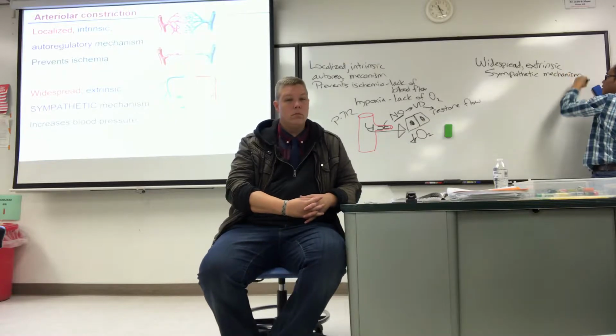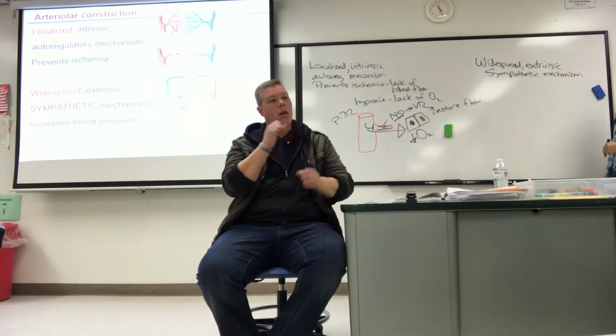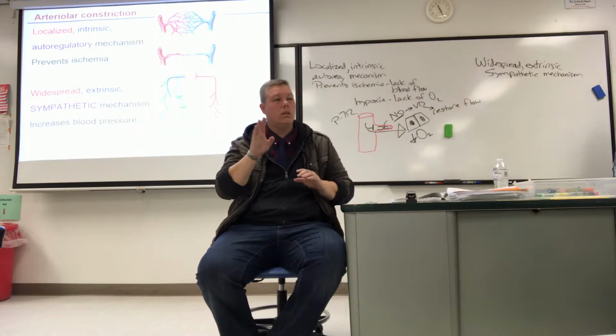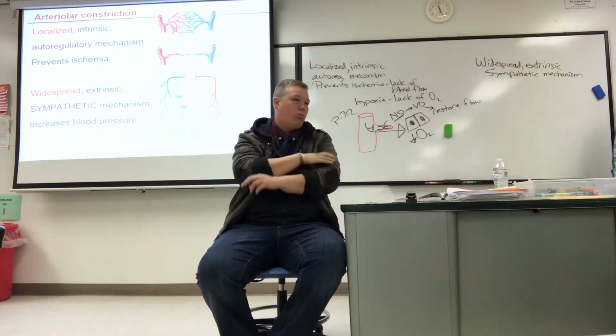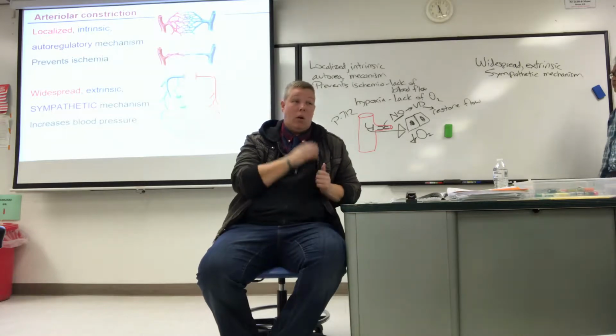This is the fight or flight response. This is, for example, in our lab Friday, the painful stimulus that causes an increase in blood pressure. It's how your body responds to stimuli.